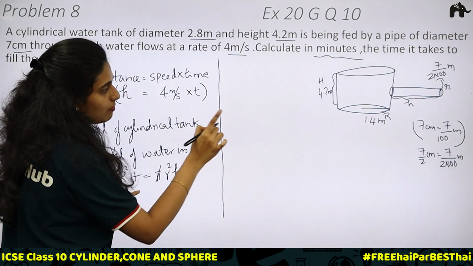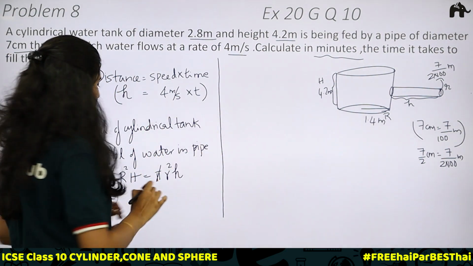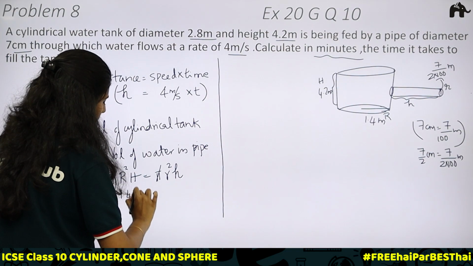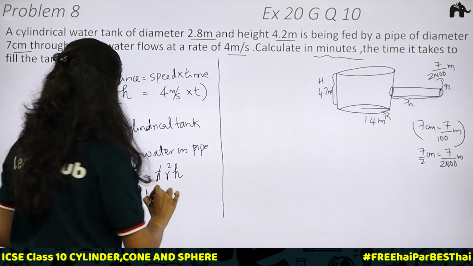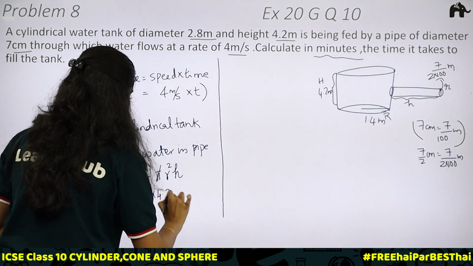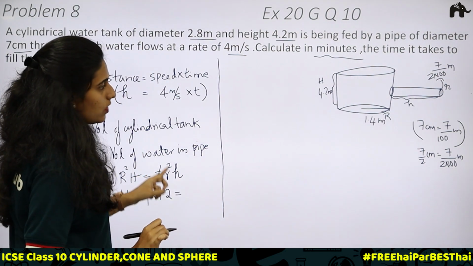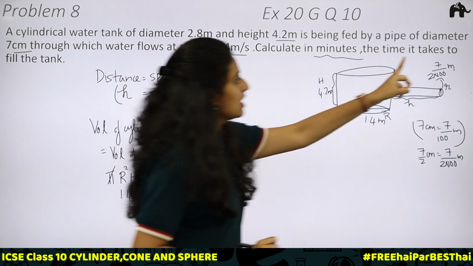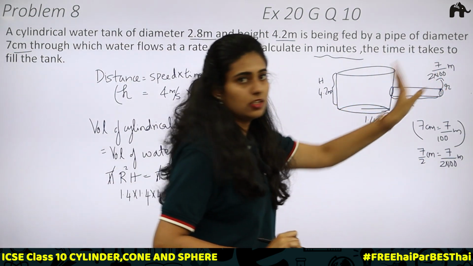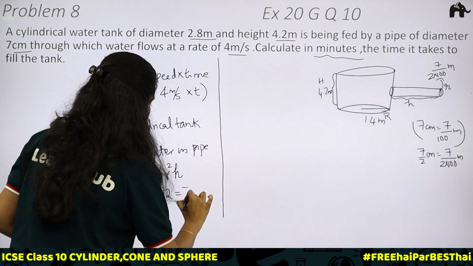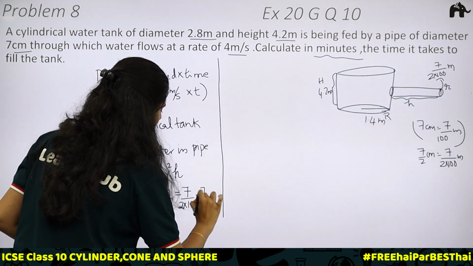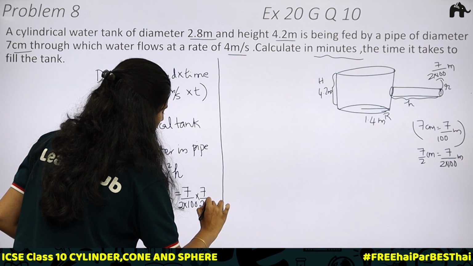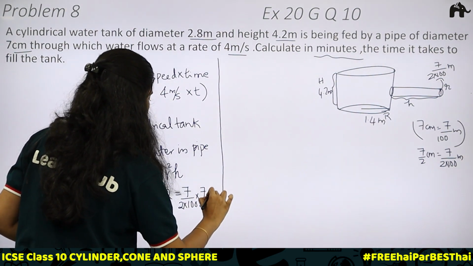What is the value of capital R? 1.4. 1.4 into 1.4 and height is 4.2 meters into 4.2 is equal to R square, small r square, that is 7 divided by 2 into 100 whole square. 7 divided by 2 into 100 into 7 by 2 into 100 into h.